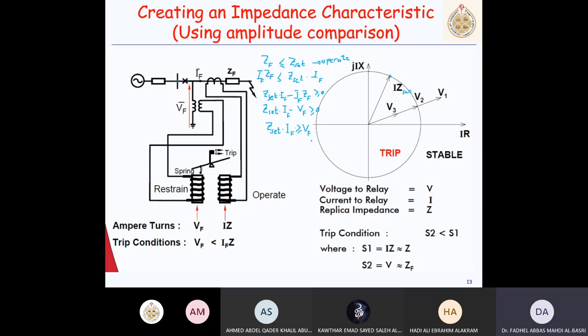Okay, then I want to operate, trip. So this is the trip action. And the left-hand side is called the operating quantity.